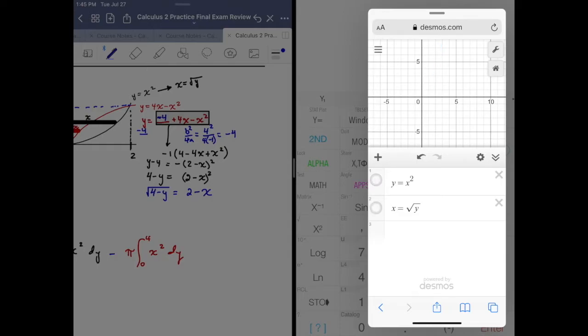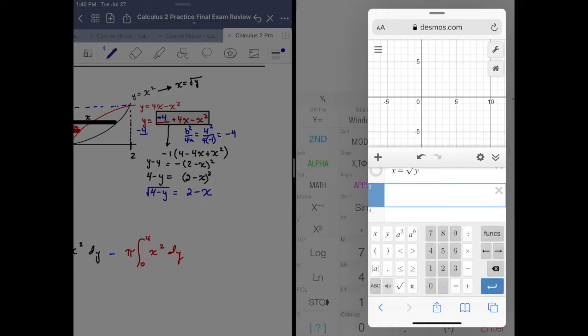So then the other one, which is a little less user-friendly, we had y equals 4x minus x squared. Now I didn't finish solving this, but if I solve for x, it would be x is equal to 2 minus the square root of 4 minus y.